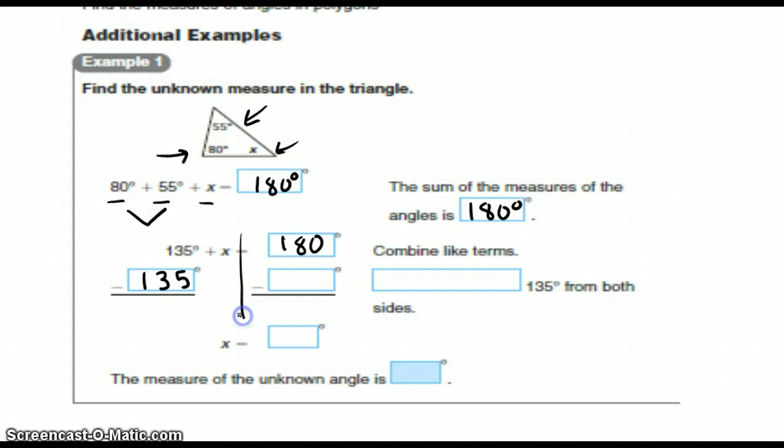And always what I do to one side, I need to do to the other. So we combined our like terms and we subtracted 135 from both sides. So 180 minus 135 would be, borrow from my 8, 45 degrees. So the measure of my unknown angle is 45 degrees.